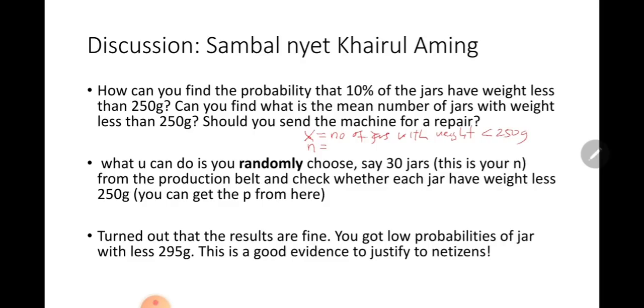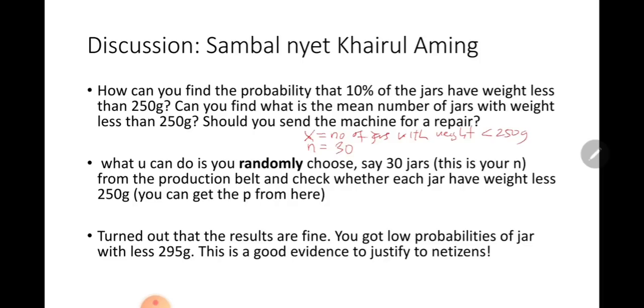For example, Khairul Amin produces daily about 500 bottles. You don't need to take all 500; taking about 10% to 20%, at least 20, is enough. Usually in statistics we take a sample of at least 25 or 30. So say you take 30 jars. So your N will be 30.